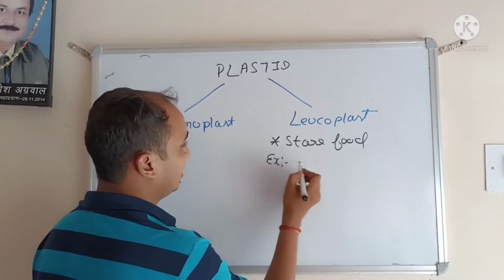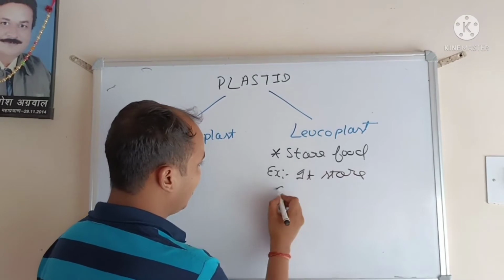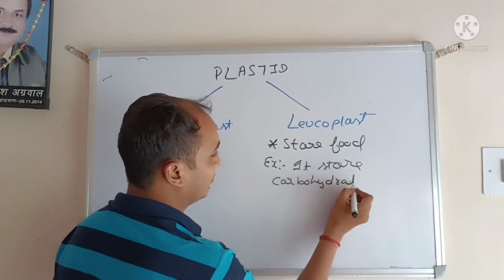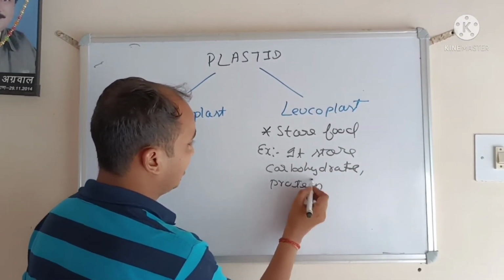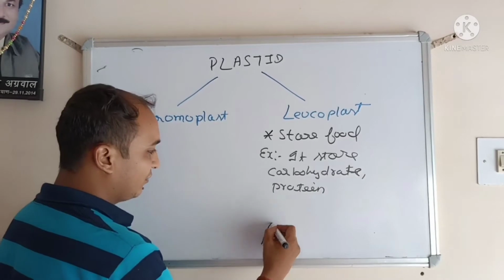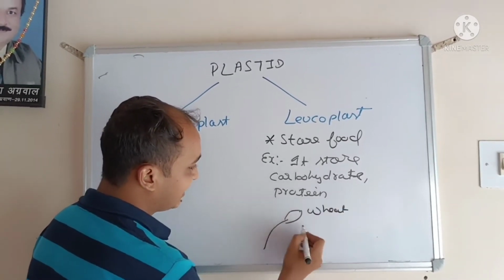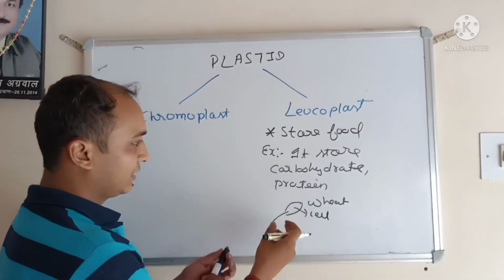For example, it stores carbohydrate, protein. Now we have wheat. So if we talk about the wheat cell, it contains carbohydrate.